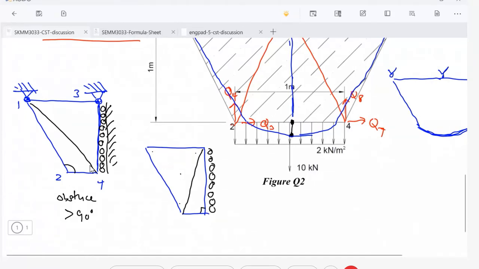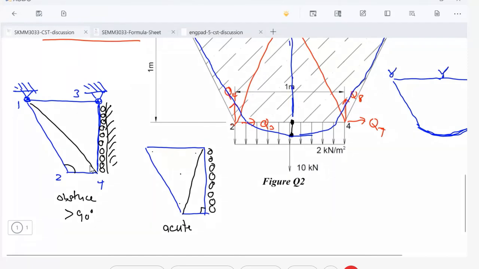Note that like Abaqus, I don't know if ANSYS can do this, but Abaqus will comment on your elements. It will say this is not good because the angle is more than 90 degrees. So what we want is to find, especially for 2D elements, acute angles.